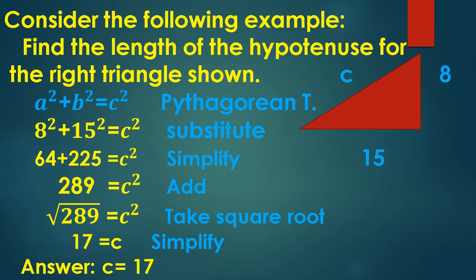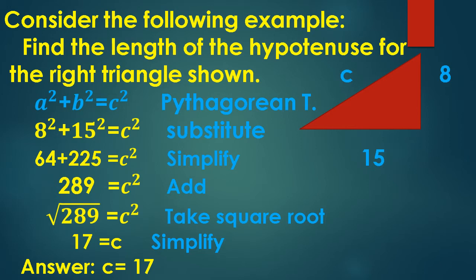The next step is simplify. 8 squared is equal to 64, plus 15 squared is equal to 225, is equal to c squared. Next is add. So 64 plus 225 is equal to 289, is equal to c squared.